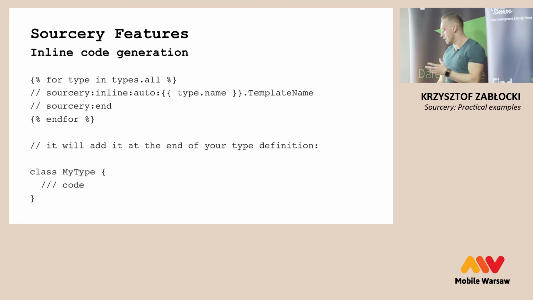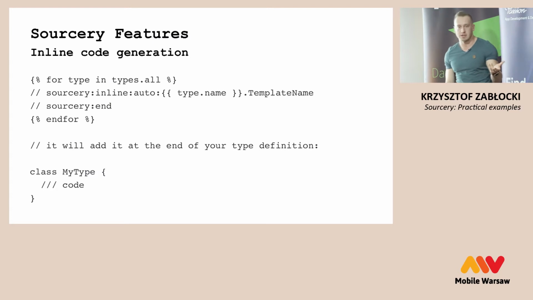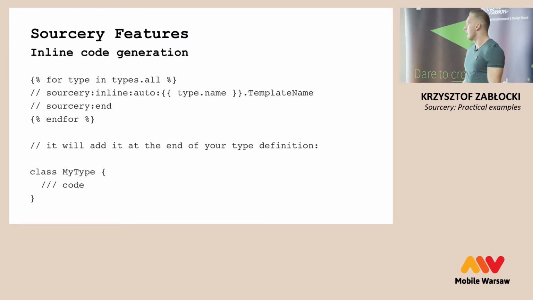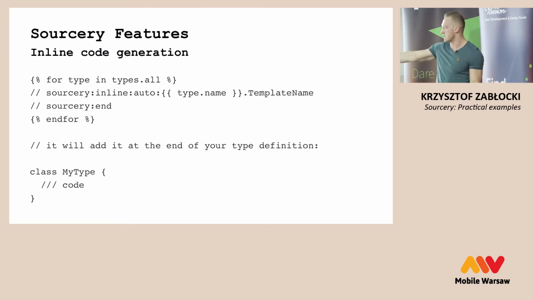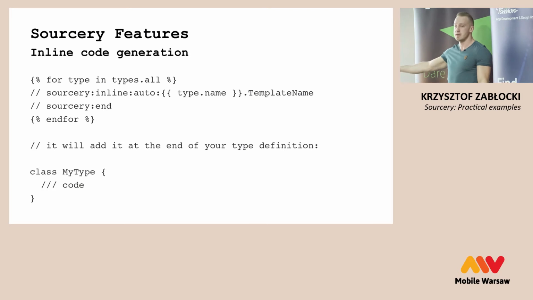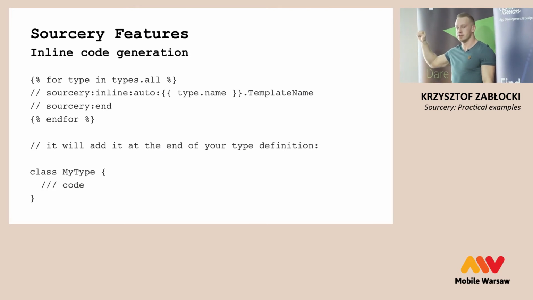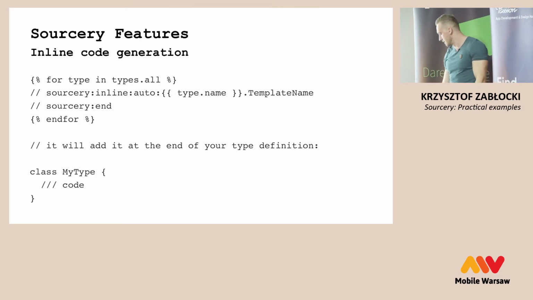And so this is why inline code generation exists. The same with NSCoding, for example. It's as simple as specifying Sourcery inline auto in your template, and then if it sees the type, like at the bottom here, class MyType, it will automatically add the code that this template generates at the bottom of that definition. So it's really simple to use.